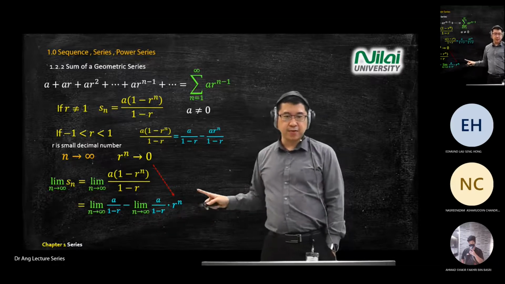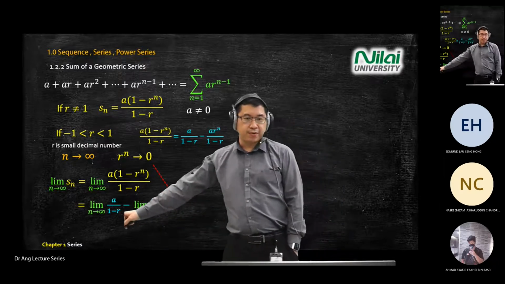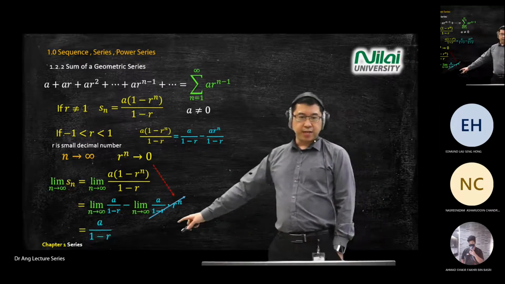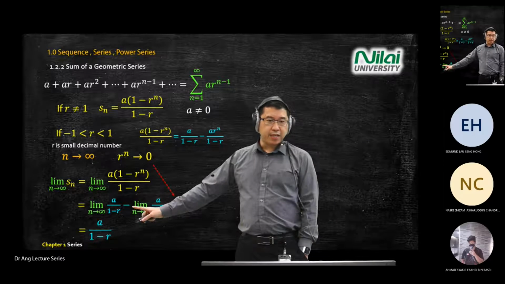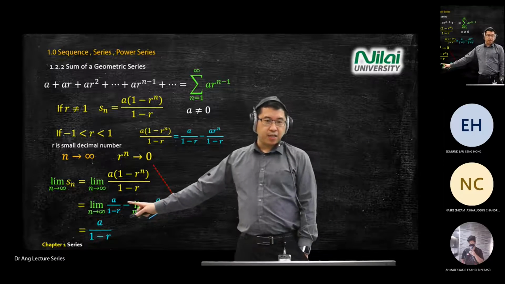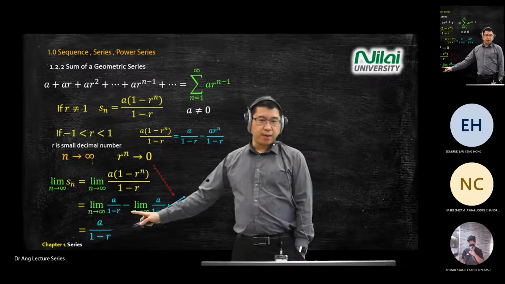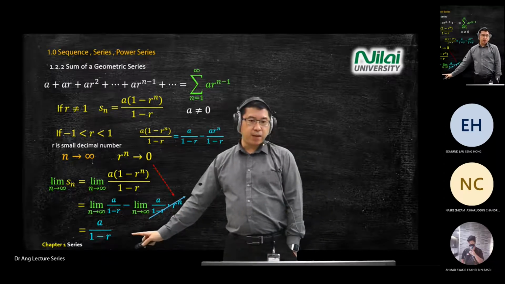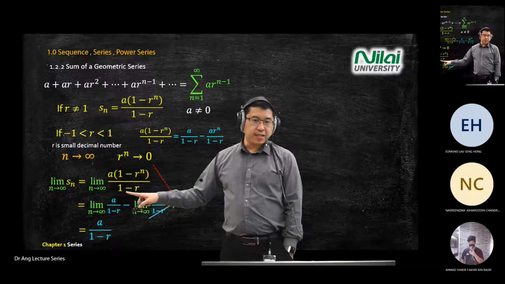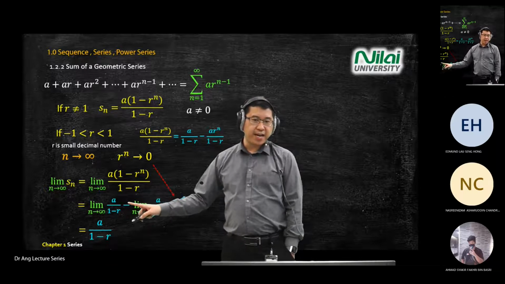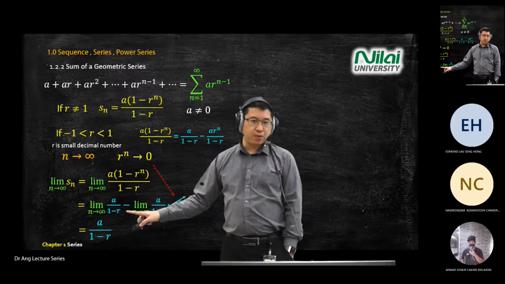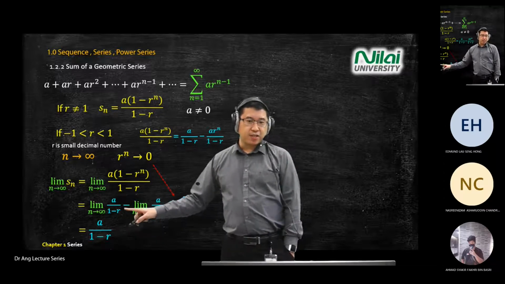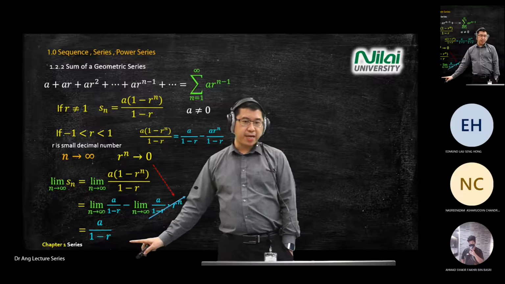So this one you can cancel, and you only leave out this one. The answer will be the limit as n goes to infinity of a divided by 1 minus r. Why do we still get a divided by 1 minus r? Because inside this equation, we don't have n. There's no n there, so you can straight away write the answer: a divided by 1 minus r.